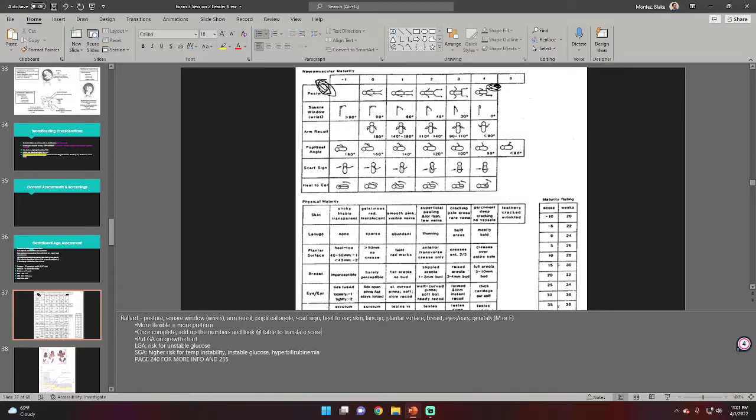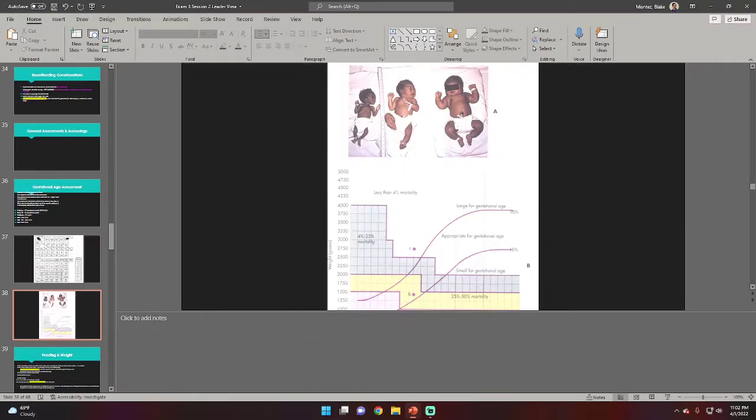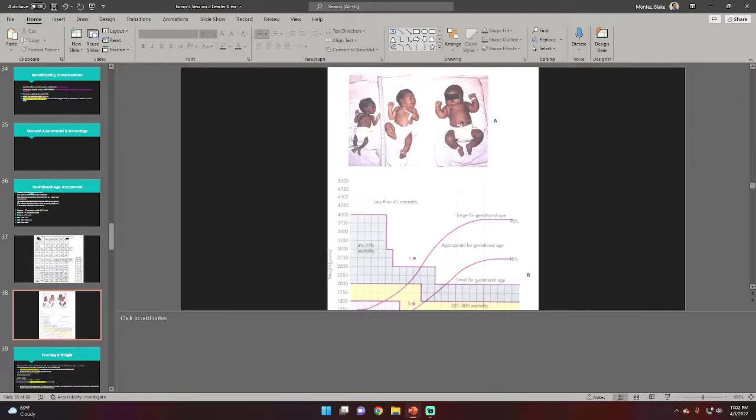A 36 point will correlate to 38 weeks of gestation. The numerical rating is then marked on the graph, this graph right here, with the newborn's birth weight, their length, their head circumference, to classify the newborn based on maturity and intrauterine growth.